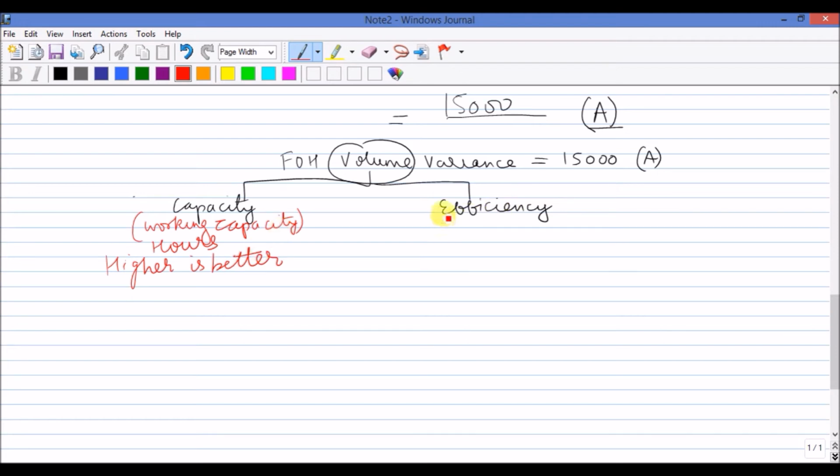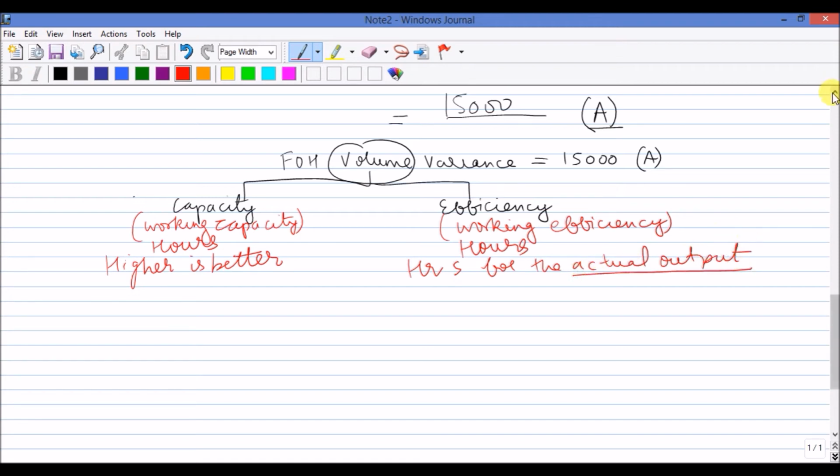And efficiency is the working efficiency. This is also expressed in hours, and the keyword is hours for the actual output. Remember this, hours for the actual output. If you don't remember this, then you are stuck.